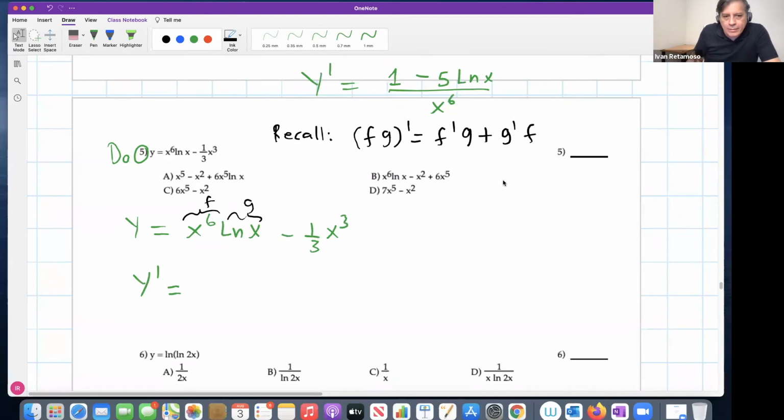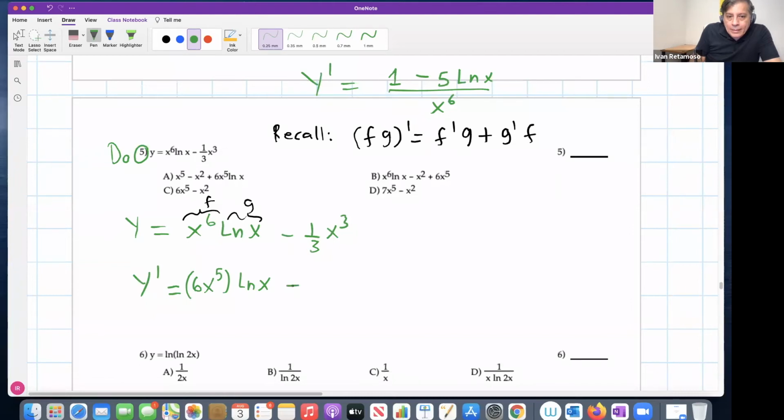Excellent, excellent. You're right, using the derivatives, distributing the derivatives over the difference, you have to take the derivative of this minus the derivative of this, right? But what is the derivative of this part? Using the product rule, start with the derivative of x to the 6. That derivative is just 6 coming down, x to the 5th power, times the function g, natural log of x.